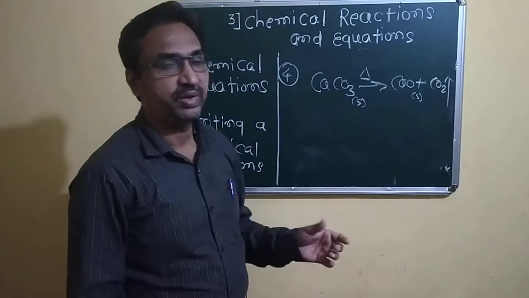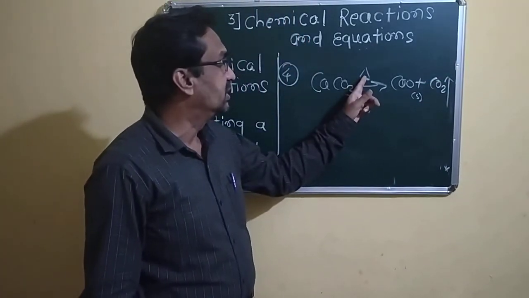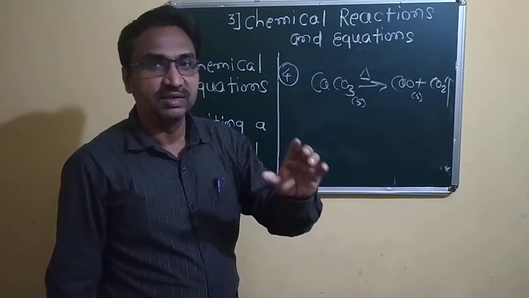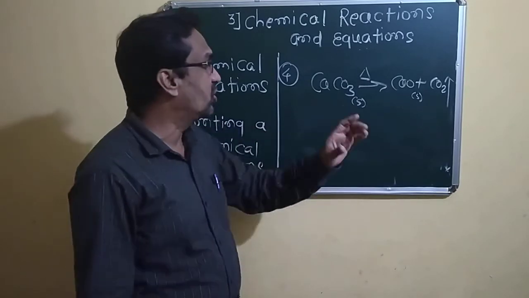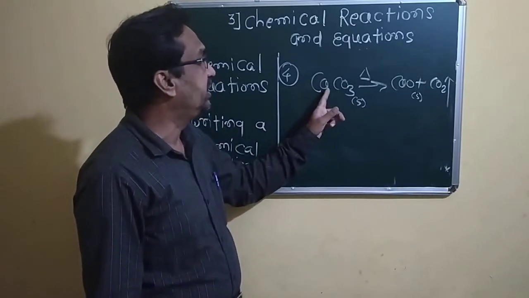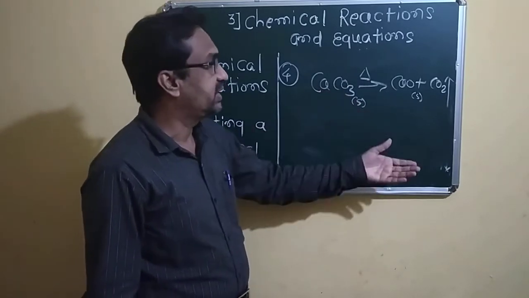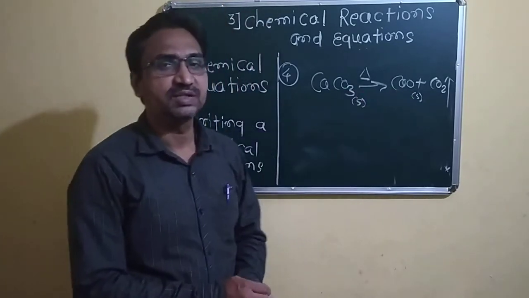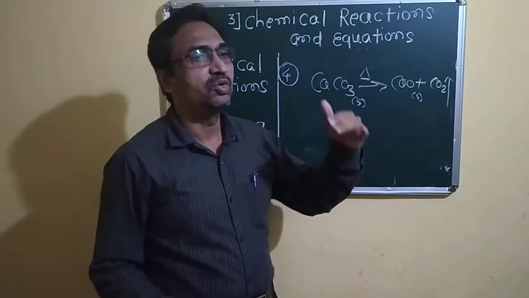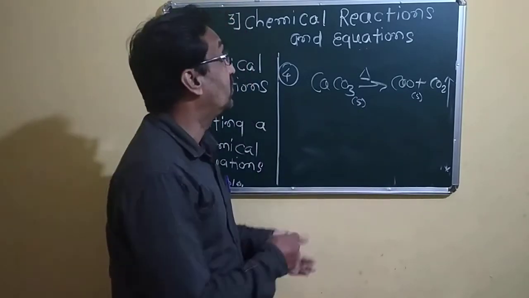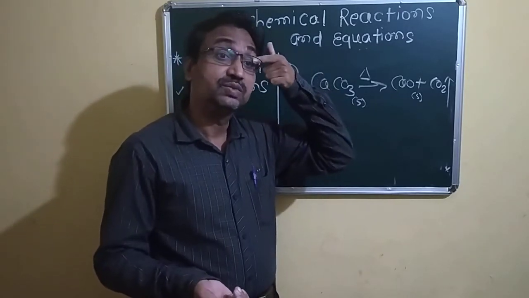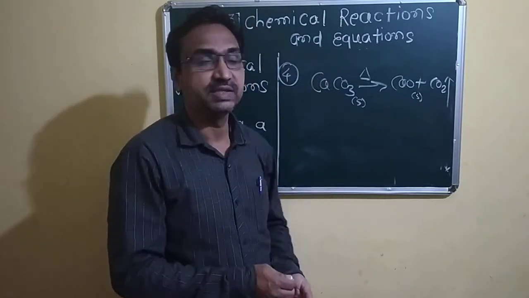This is more informative. This triangle indicates that heat is required. The chemical reaction occurs only when we provide heat to calcium carbonate, and after that these products are formed. Sometimes they also mention a certain amount of heat, such as up to 100 degrees Celsius, 180 degrees Celsius, or 1400 degrees Celsius.